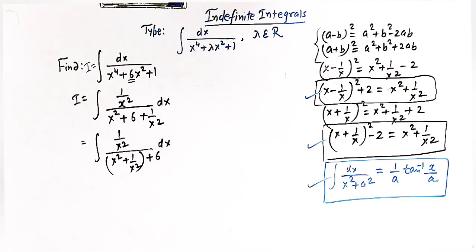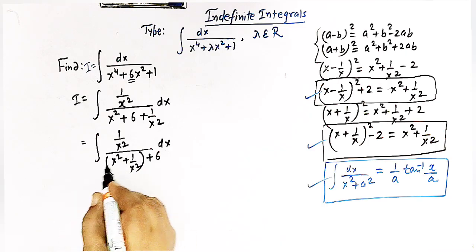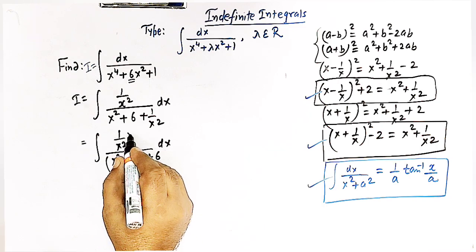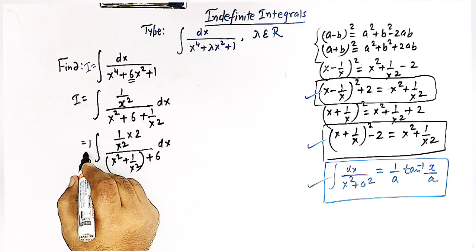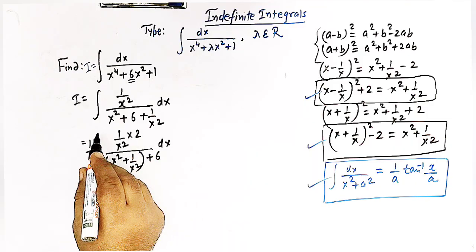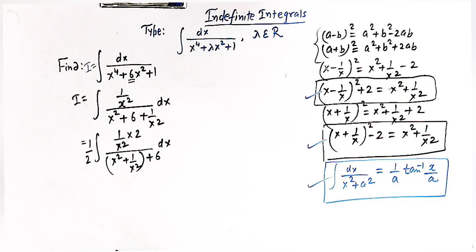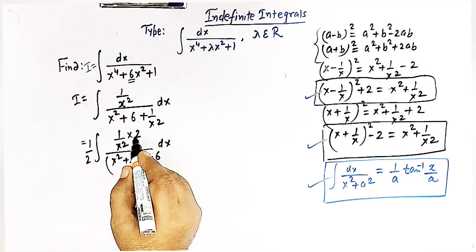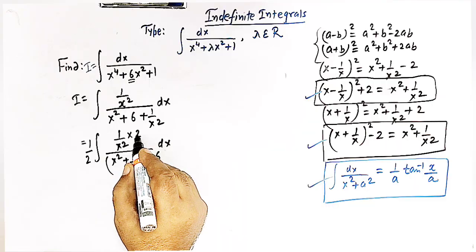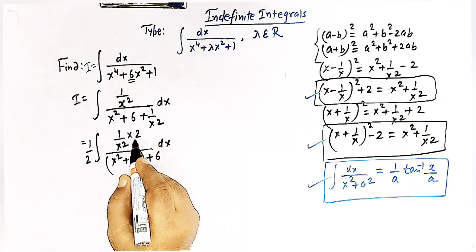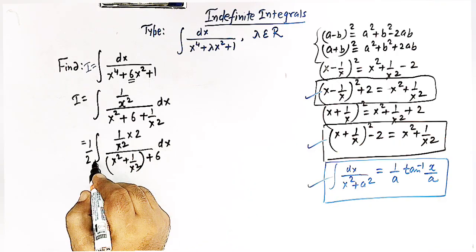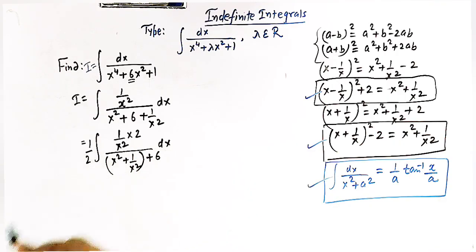So now one important thing we are going to do is that we are multiplying 1 over x square by 2, and here we are dividing this integral by 2, right? So this 2 and this 2 are going to be cancelled. So there is no harm in multiplying 1 over x square by 2 and dividing by 2.